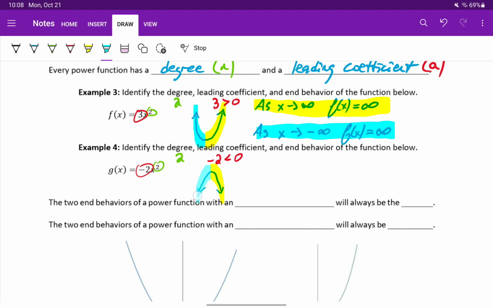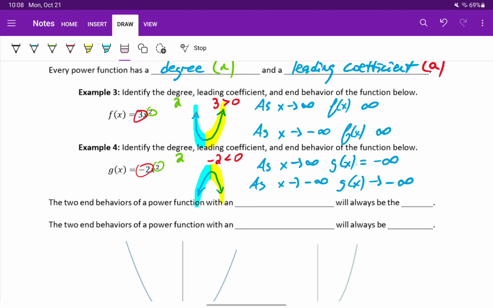And as we trace in the opposite direction, again, we're headed to negative infinity. So as x approaches positive infinity, g of x in this case, is headed to negative infinity. And as x approaches negative infinity, g of x approaches negative infinity.